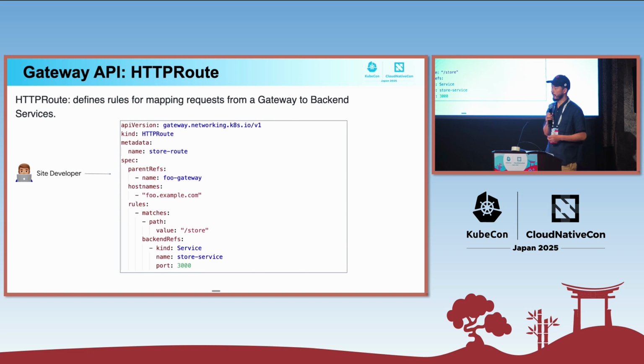HTTPRoutes just define how you can match, process, and forward the request to the backend service. In this example, we match all the requests to for.example.com/store and send the request to the backend service, store service, on port 3000.